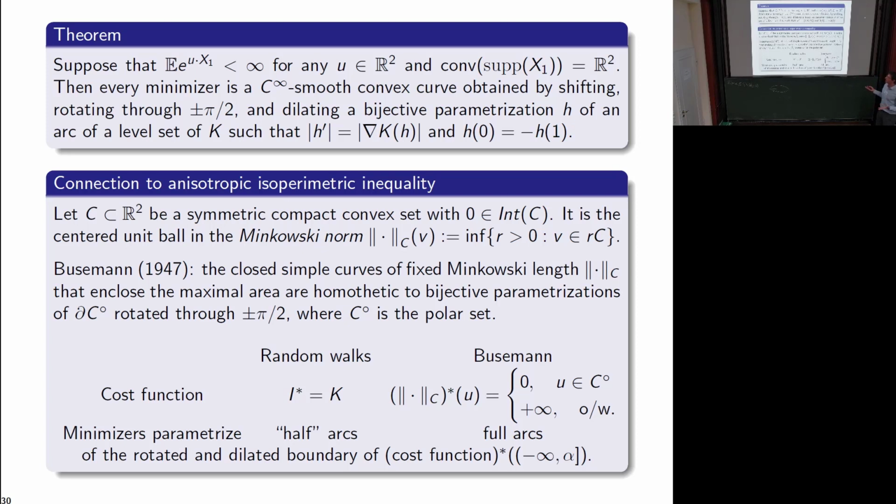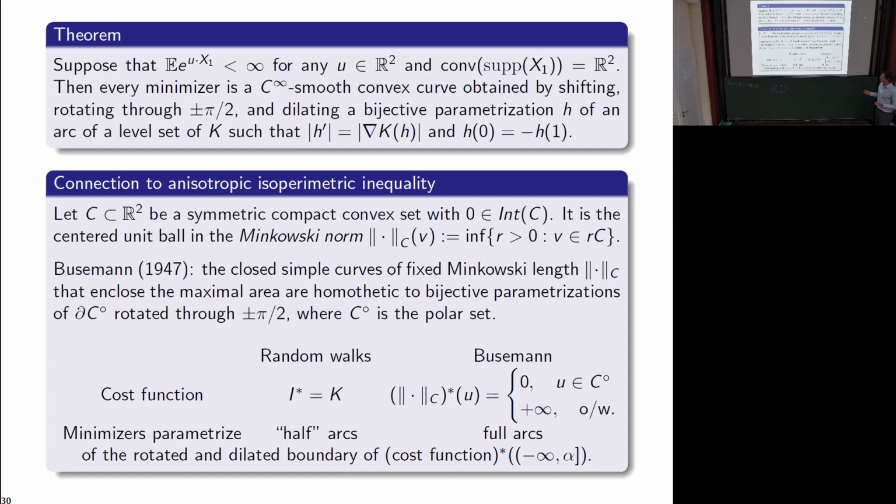And then there is a direct analogy, because for basically what I do, you remember my energy. In my energy, I integrate the cost function computed at the velocity of my random walk.